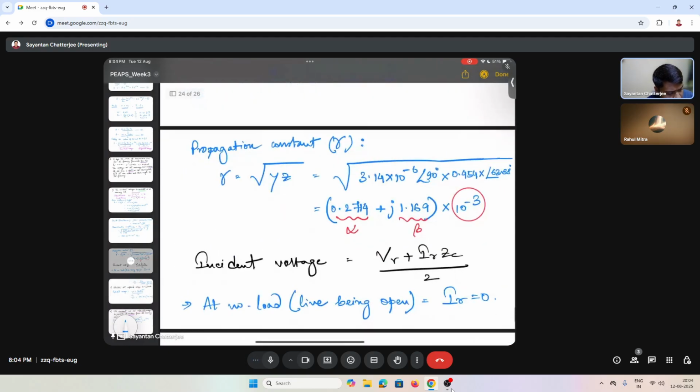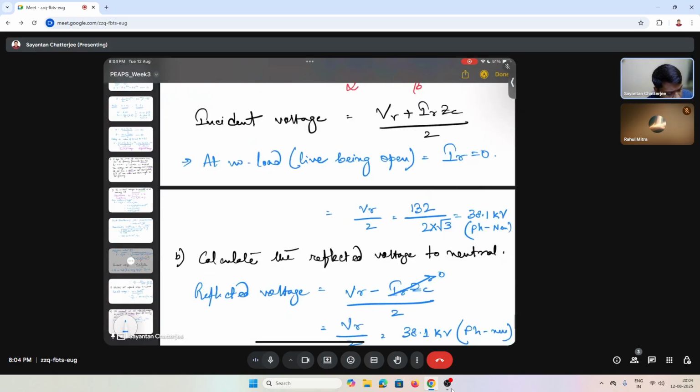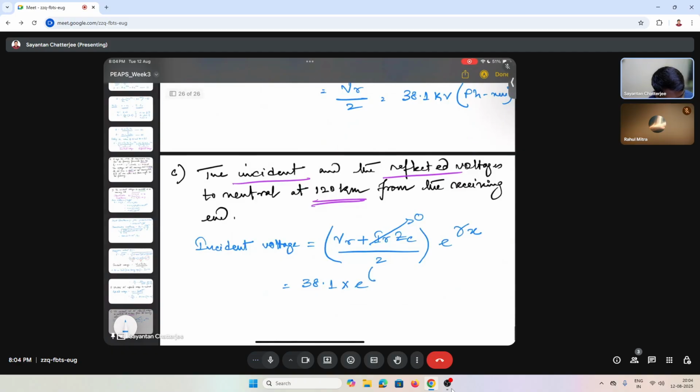The gamma value is given here. Need to convert it to the required form.